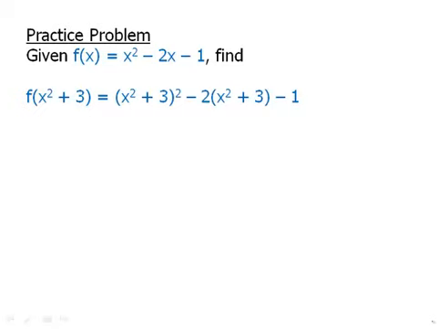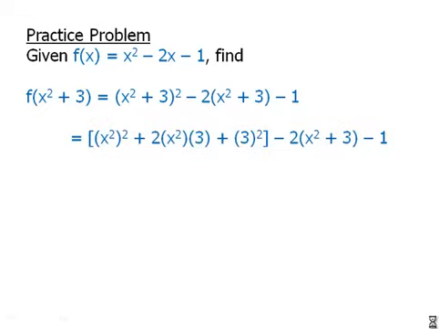Remember the square of the sum formula from earlier in our discussion of algebraic expressions. And so that's just going to be x squared squared plus 2 times x squared times 3 plus 3 squared. That's how we square x squared plus 3.